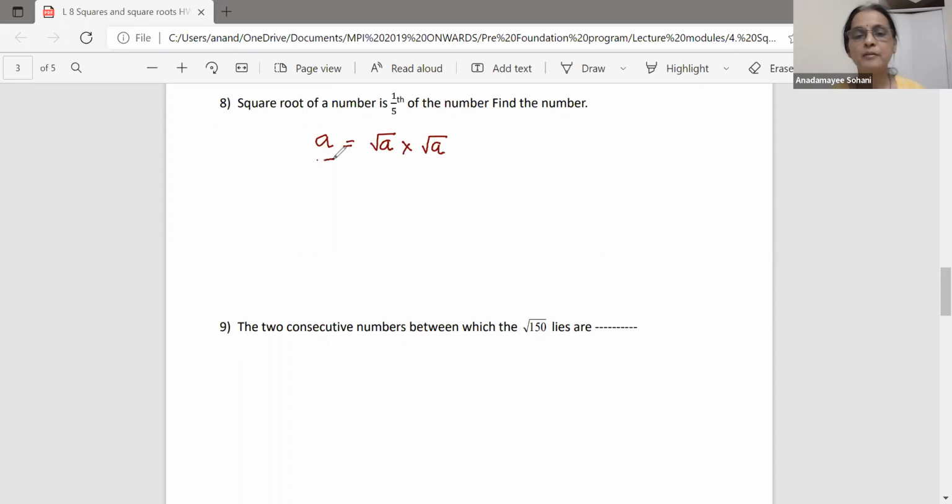This is my number and this is its root. So when I multiply the root by itself, I get the number. So if my number upon its root is 5, meaning 2 times 5 is my number, then only I divide it by itself, the square root, I get that number, no? Are you getting?